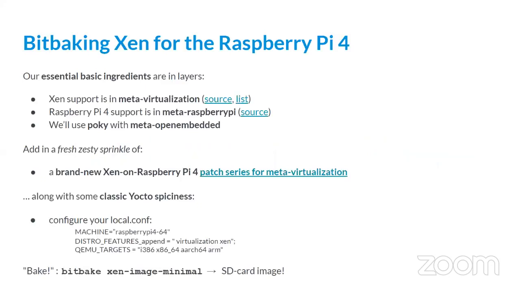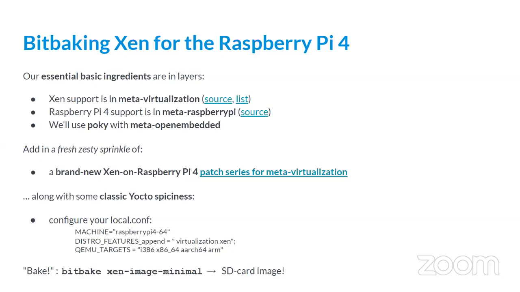So the end result is that you will be able to do that if you assemble yourself a system using the following pieces. So we take the Zen support from meta virtualization, the recipes are present there. You add the meta Raspberry Pi layer, which provides you with the BSP support for the Raspberry Pi 4 hardware.